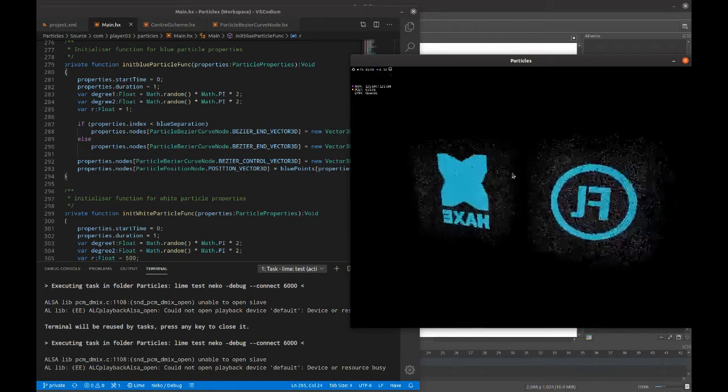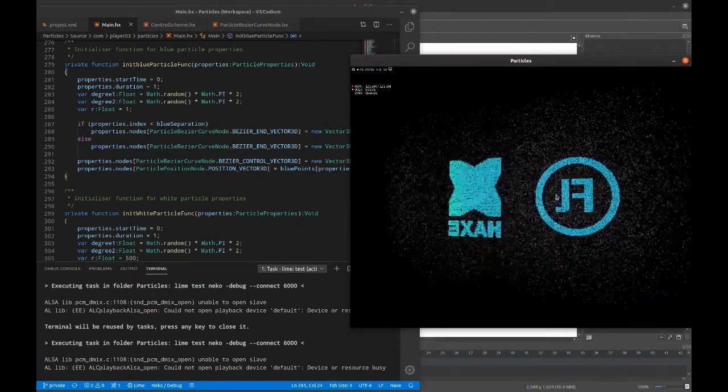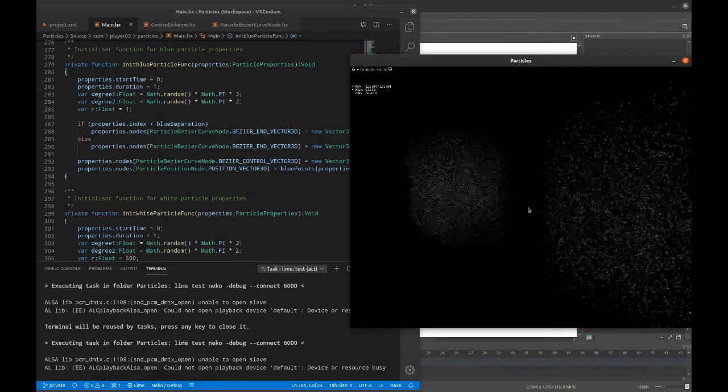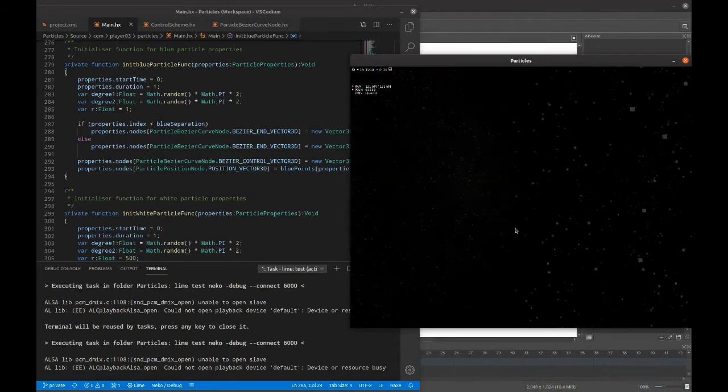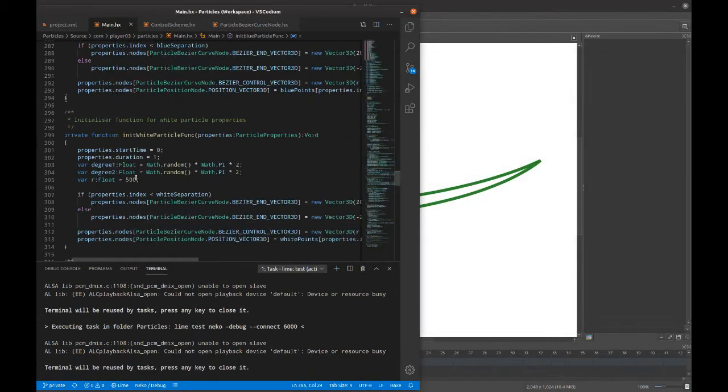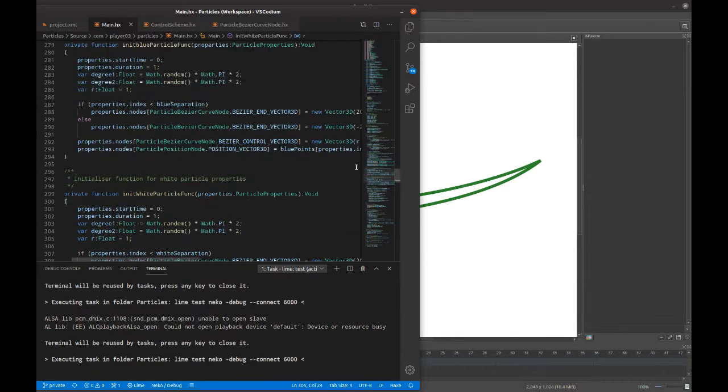Okay, yeah, without this random spread, the images just sort of slide past each other, and then the blue particles disappear, so I don't actually know what's going on.